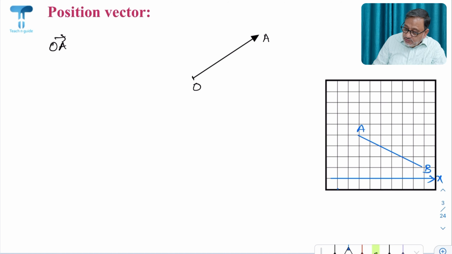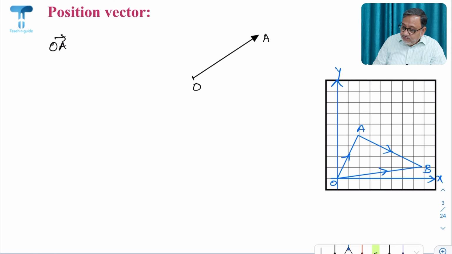X-axis, y-axis, okay. So from origin I will join A. This will be my unit vector OA, and from origin I will join B, okay, OB.